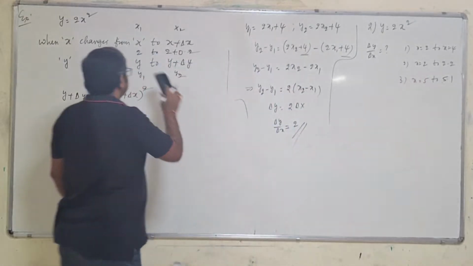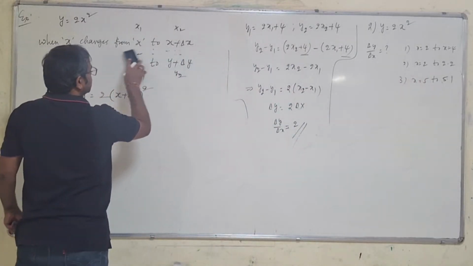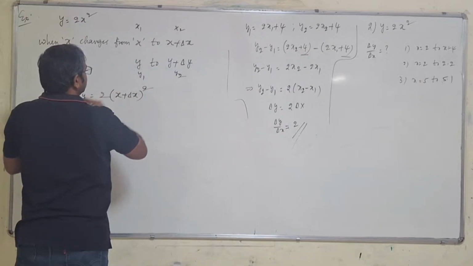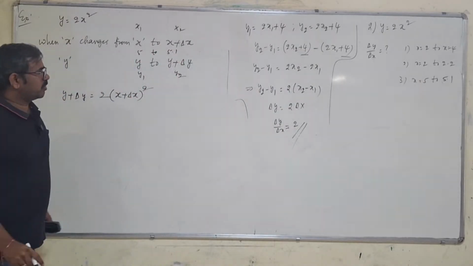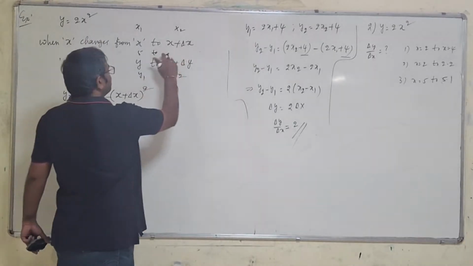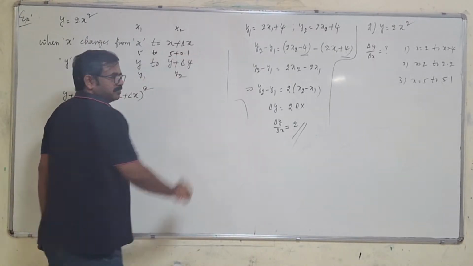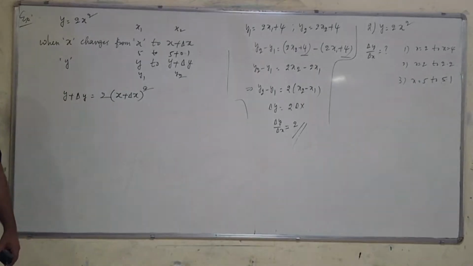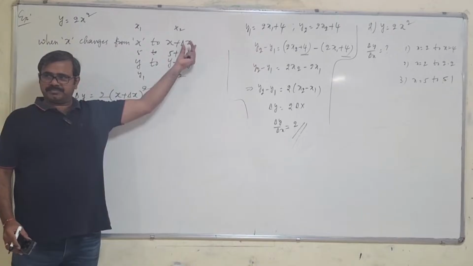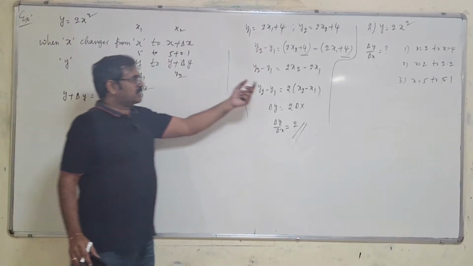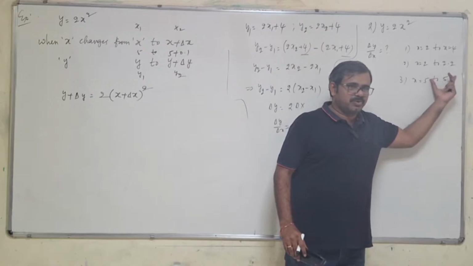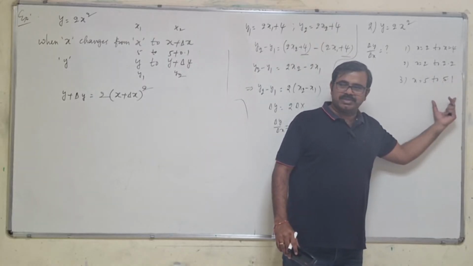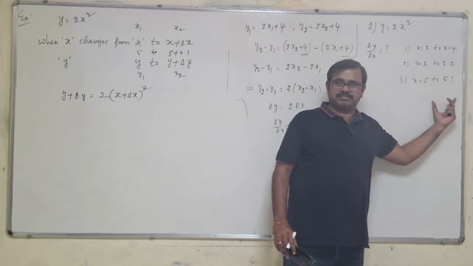In the third case, x changes from 5 to 5.1, that is 5 to 5 plus 0.1. So I'm writing it in terms of delta already. Here the change is how much? 2. Here the change is how much? 0.2. Here the change is how much? 0.1.